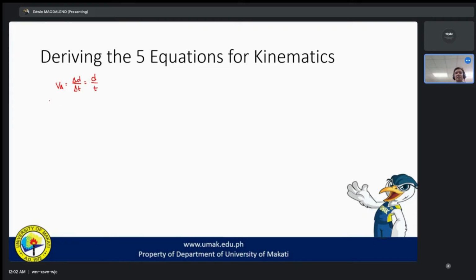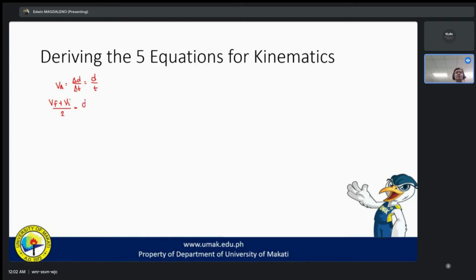Average velocity is the final velocity plus the initial velocity divided by 2. Since that is average, we have two values, we add them up, then we get half of the sum. That's average, or we divide it by the number of elements that we summed up.